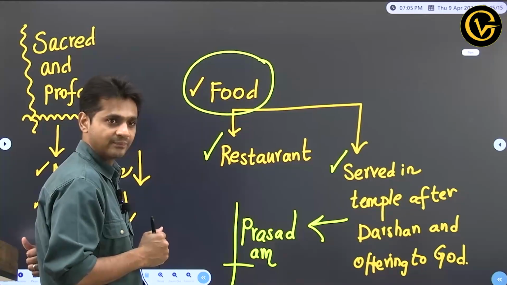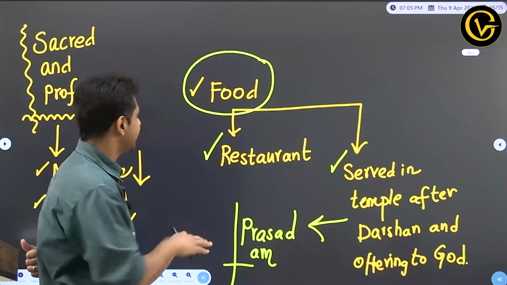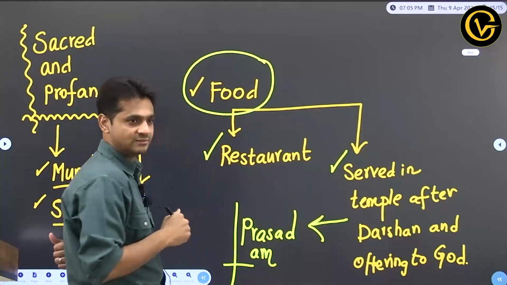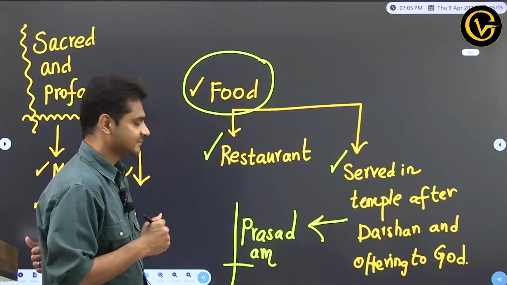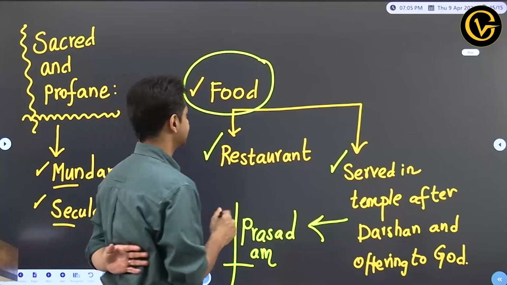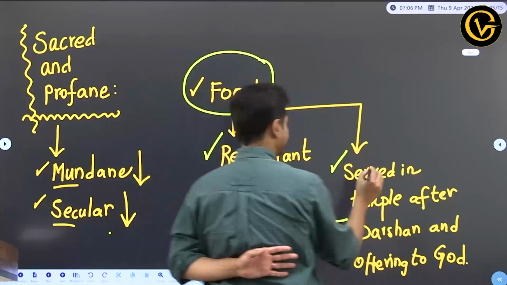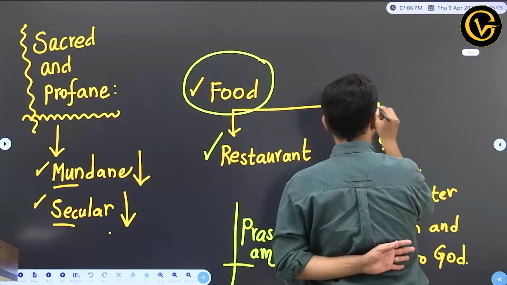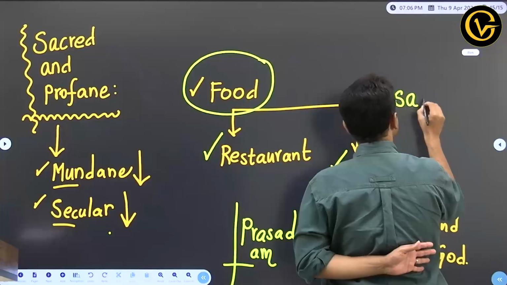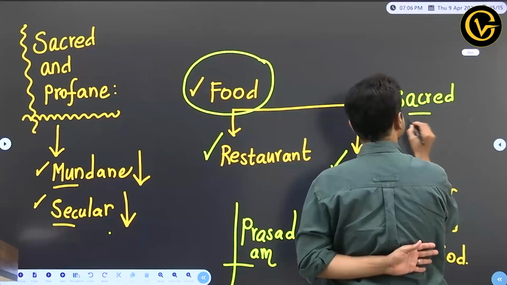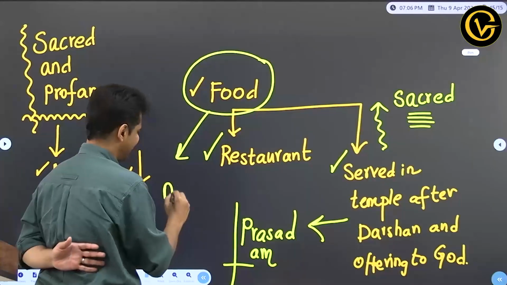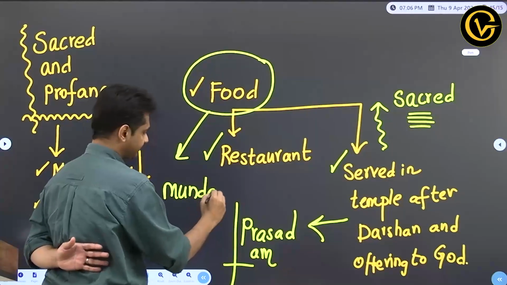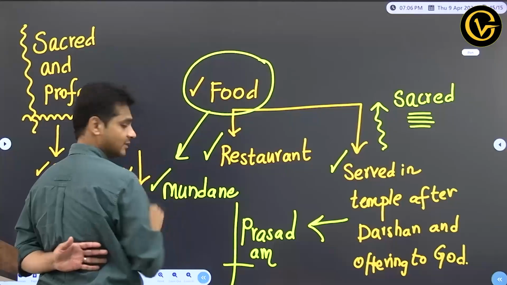Why? Because we offer to God. But it is the same thing, right? This is also food, this is also food. So, this we consider it as sacred. This you consider it as mundane, day to day. Got my point?